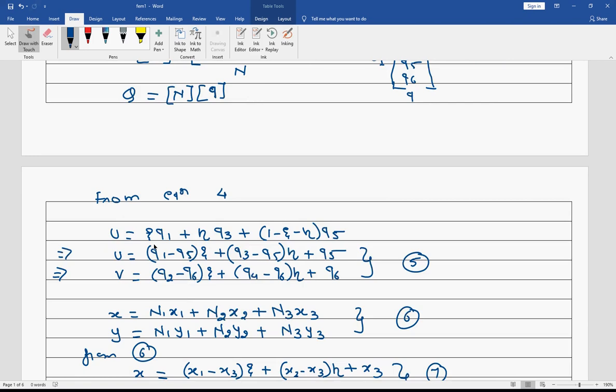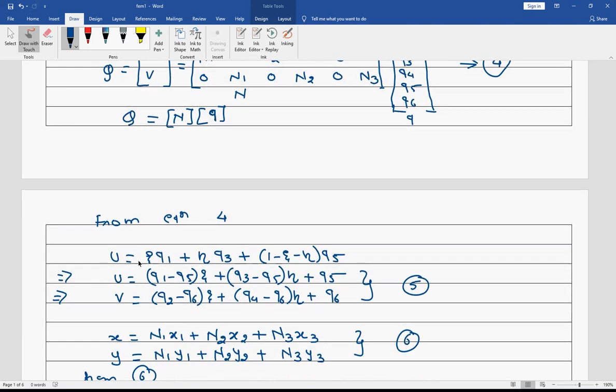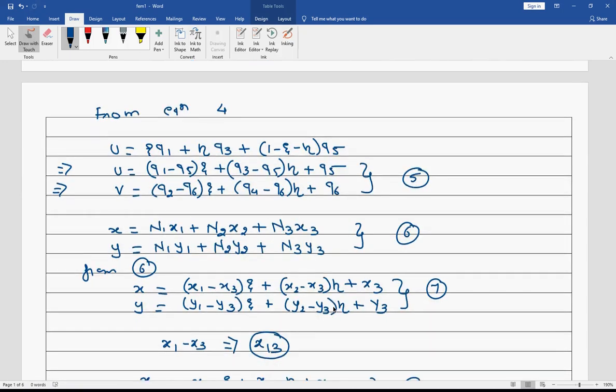Then we have also seen that if we put down the value of n1 in this equation, we get u equal to xi q1 plus eta q3 plus 1 minus xi minus eta q5, and then we get u equal to q1 minus q5 xi, q3 minus q5 eta, plus q5. Similarly, we get v equal to q2 minus q6 xi and q4 minus q6 eta plus q6.